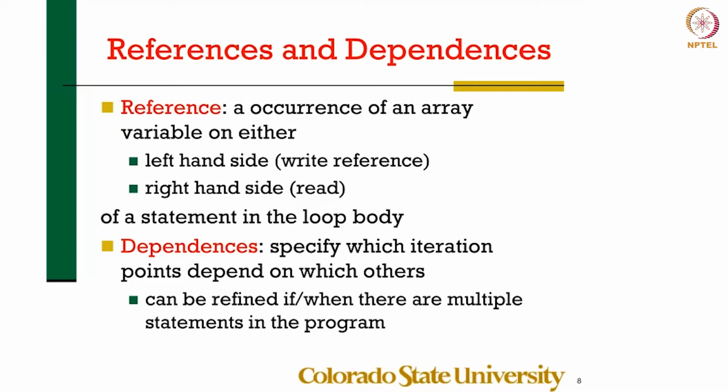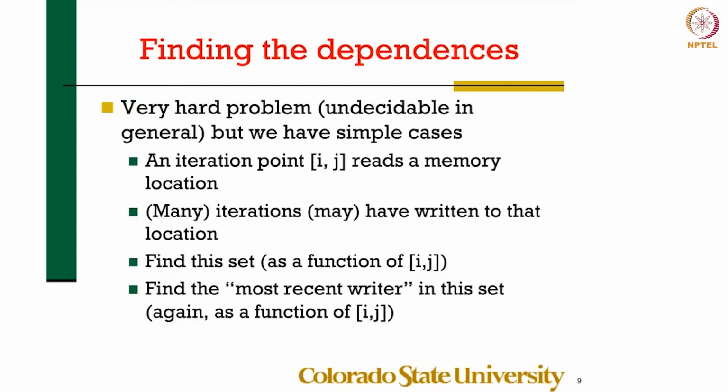All right. So finding dependencies in general is an undecidable problem. If you give an arbitrary program and you are asked which statement produced the value that's being read, you are in deep trouble. But in the polyhedral model, we have a relatively simple case.